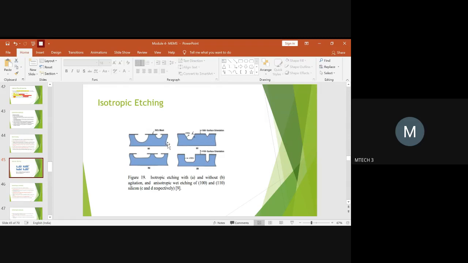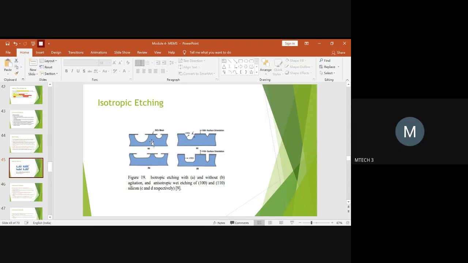And if you are going for anisotropic wet etching for a substrate of 100 plane, this is how the pattern looks. And if you etch an anisotropic material with a substrate of 110 plane, this is how the pattern looks. By seeing the pattern, you can claim which type of wet etching has been done.